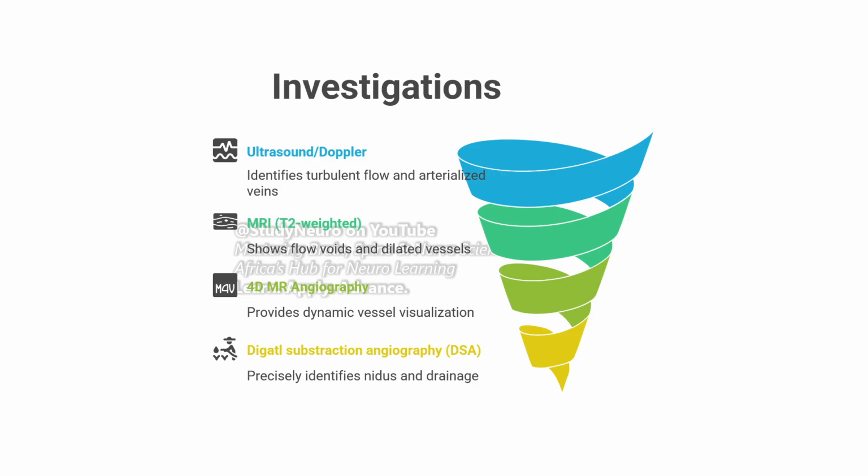Magnetic resonance imaging, particularly T2-weighted sequences, shows characteristic flow voids from rapidly flowing blood, dilated veins, and often perilesional edema. 4D magnetic resonance angiography offers a dynamic visualization of feeding arteries, the nidus, and the draining veins, helping to estimate lesion size and its physiological impact.